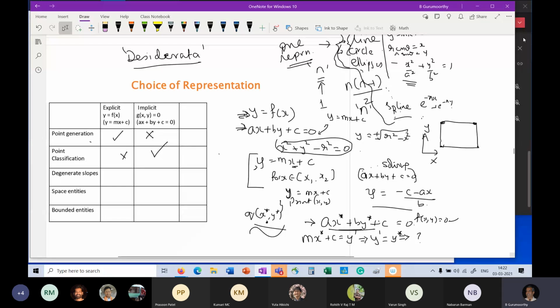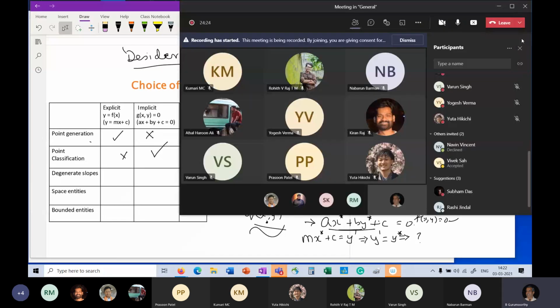Voice vote again is fine with me, or you can even put your hands up. Explicit. How many of you think that you can represent the edges of a square with the explicit form? Any more? Okay, quite a few more.